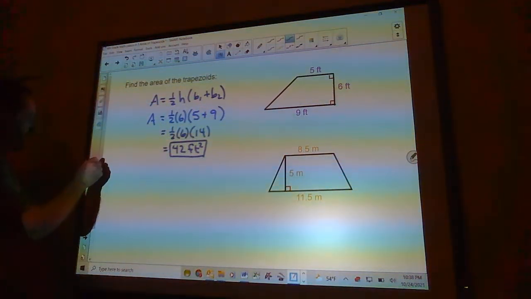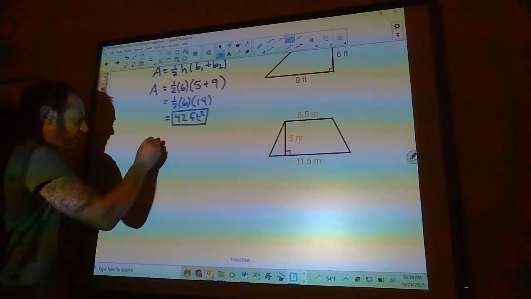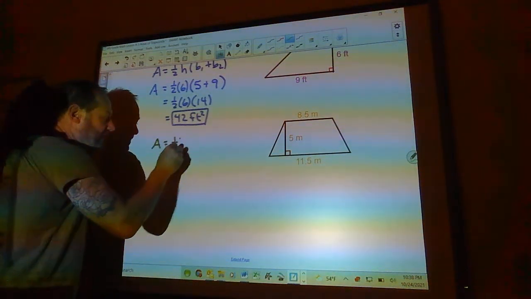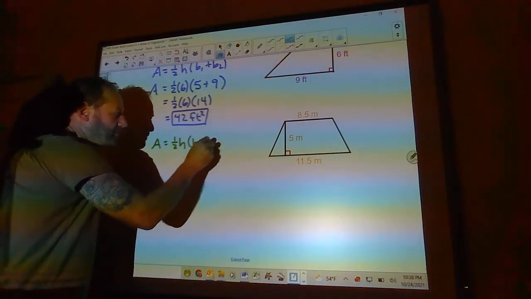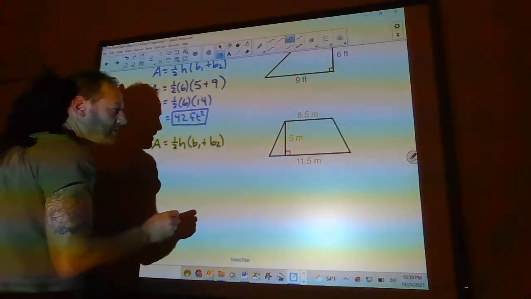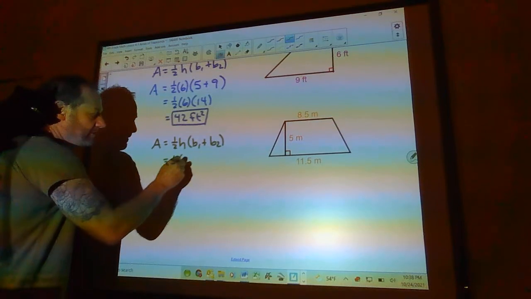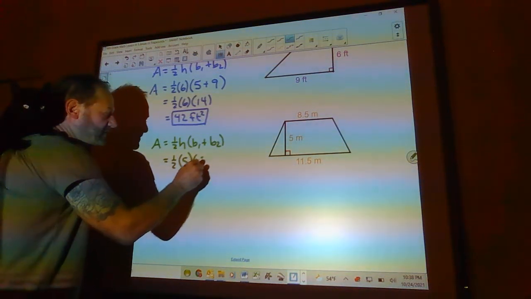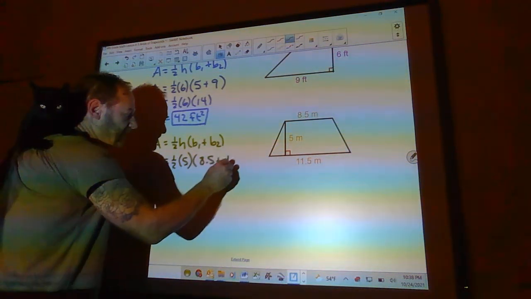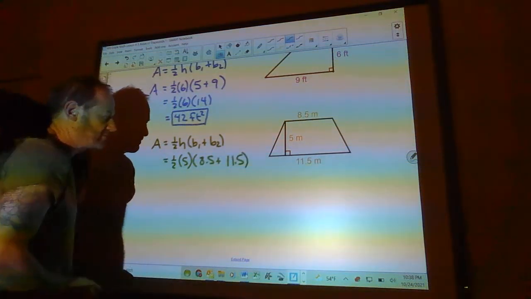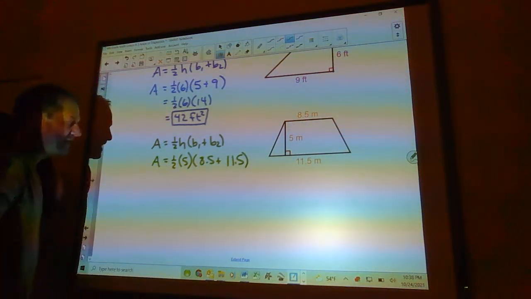Okay, so the next one, again, we write down the formula, 1/2 the height times base 1 plus base 2. And so I know the height. The height is 5. I know base 1 is 8.5, and I know base 2 is 11.5. So I just plug in all those things.